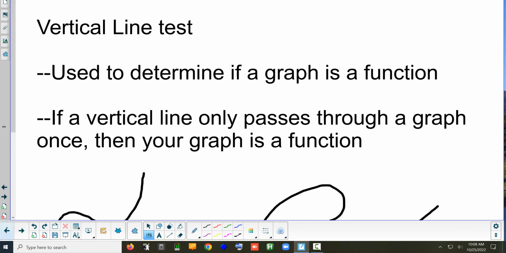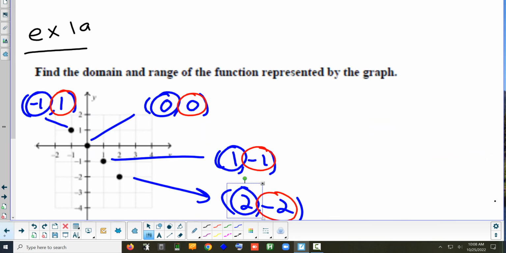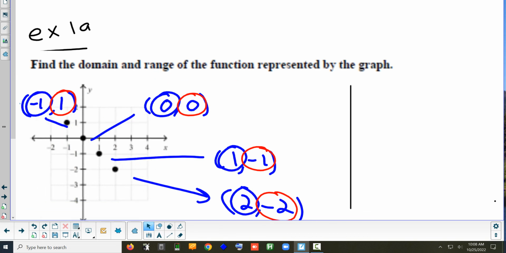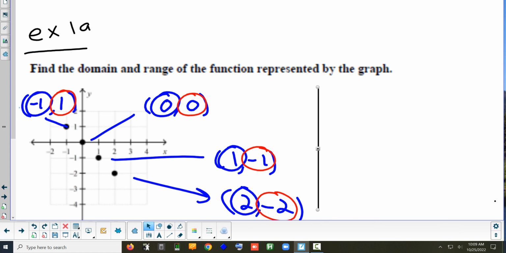Now, sometimes when we have a graph like this one, we want to know if it's a function, and we don't want to have to waste time listing out all of the coordinates. So there's a test that we can do. And the test involves making a vertical line and then dragging it through your picture.